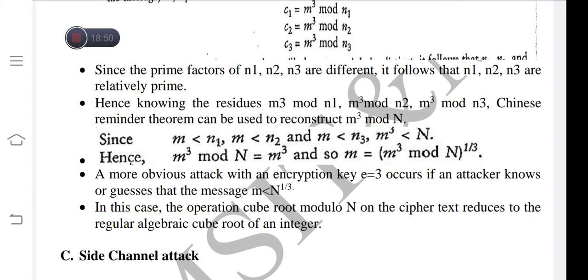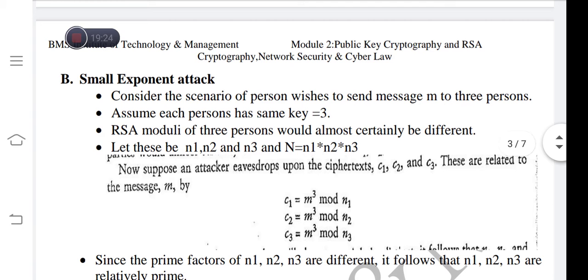In this case, I can write N to the power 1 by 3 as the cube root of capital N. So the operation cube root modulo N on the ciphertext reduces to the regular algebraic cube root of an integer. That is the advantage of this. These are the points with respect to the small exponent attack.